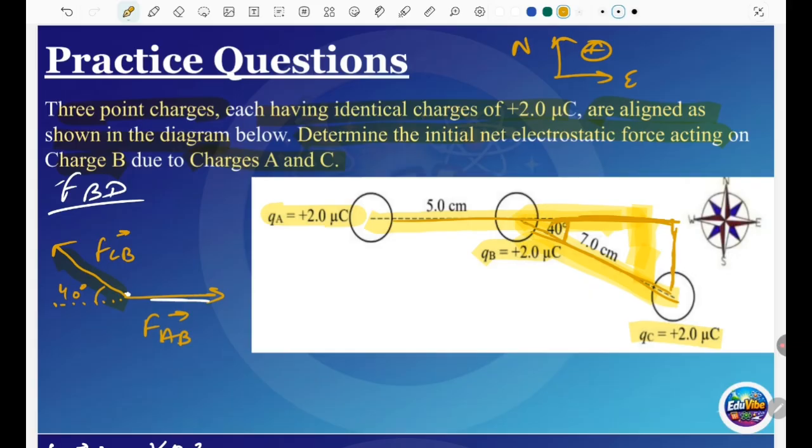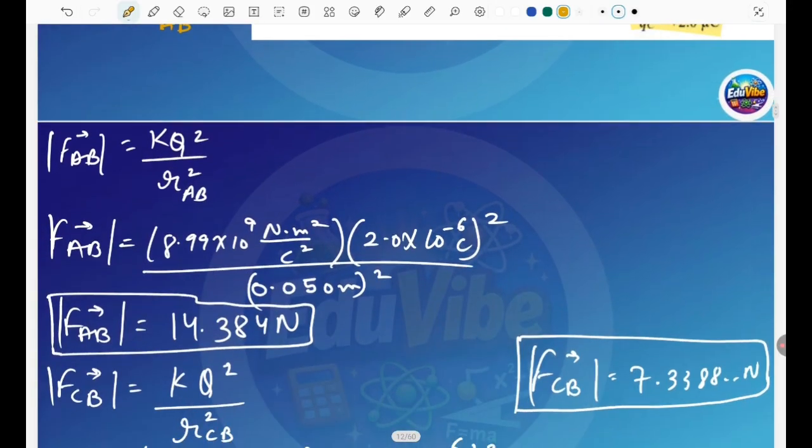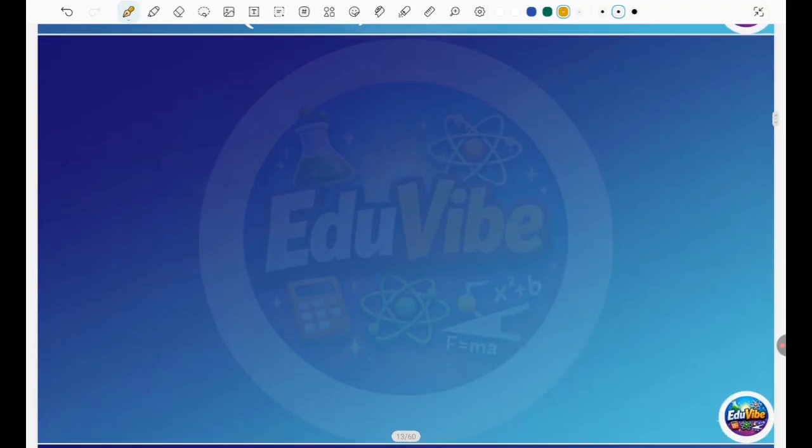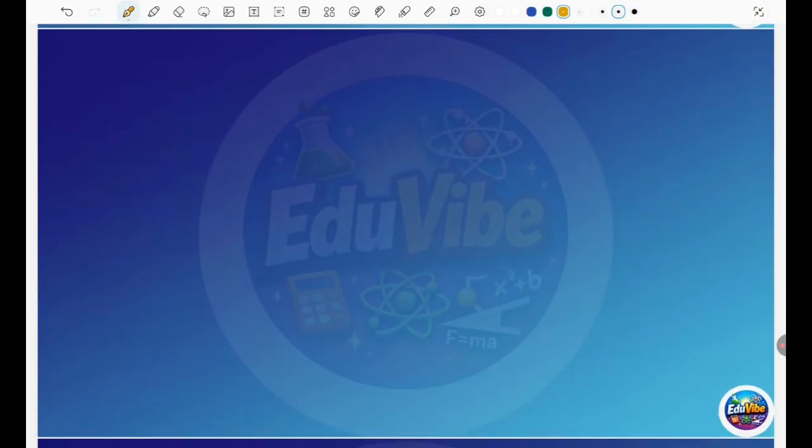So from here, we get our x component and the y component of this. This is our y, which is FCBY, and this one is in the opposite direction, west, so FCBX.